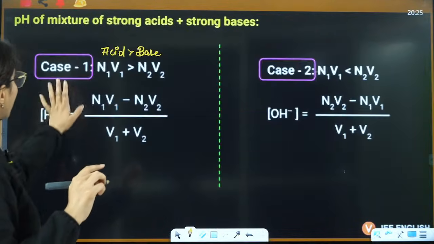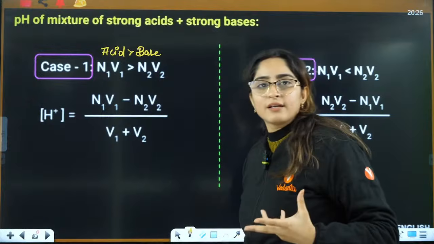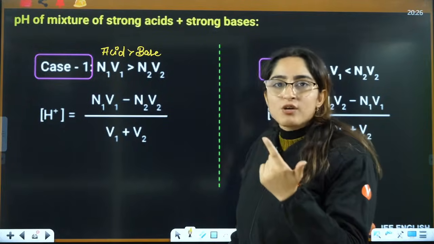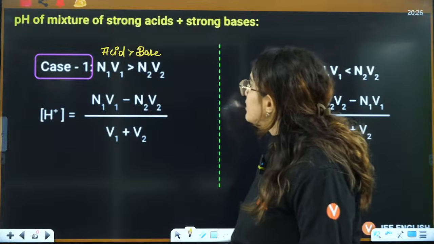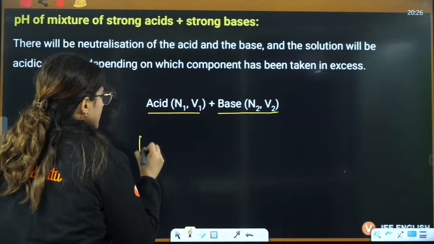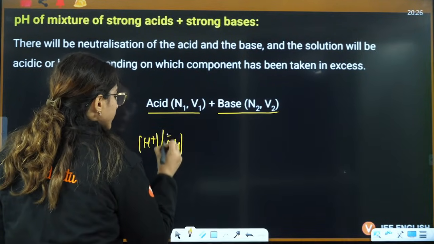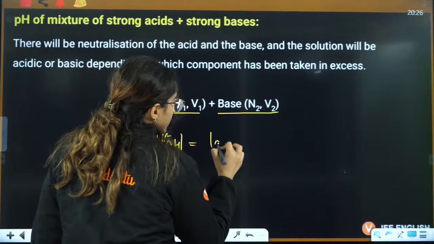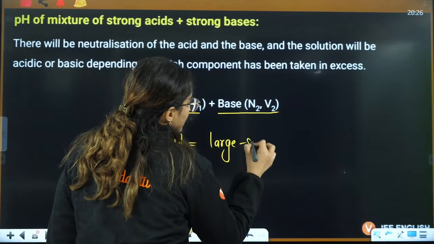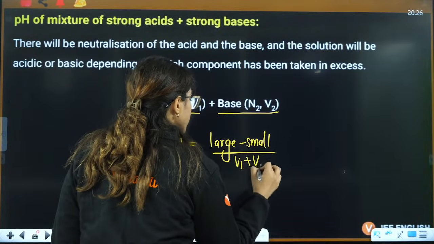If N1V1 is greater than base, that means acid is greater than base, then H positive calculation will be there. And here always remember, if you calculate H positive or you calculate OH negative, it will be large minus small divided by V1 plus V2, right?